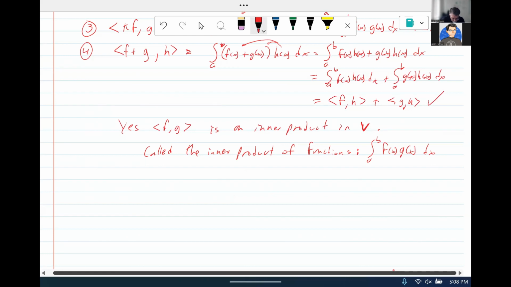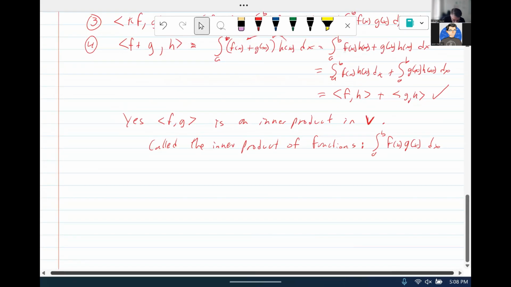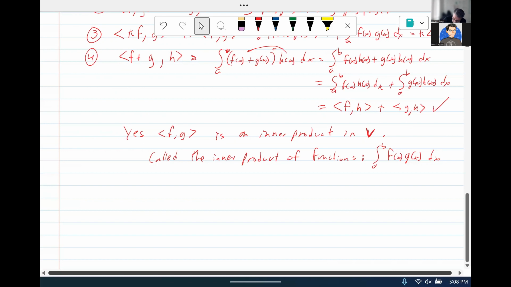Okay, cool. Let's use this inner product of functions that we've defined to do another example.